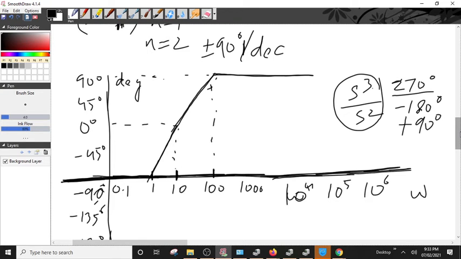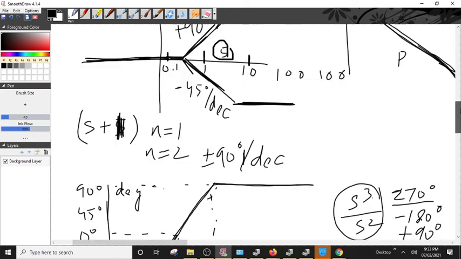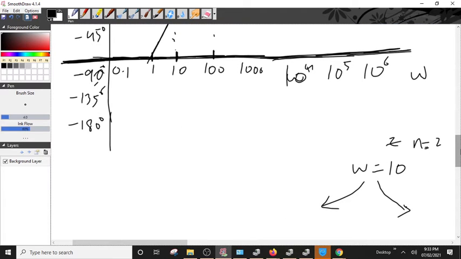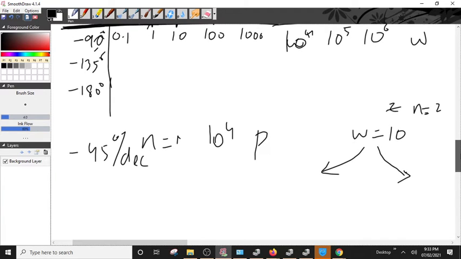Now we have to consider the second break frequency, which is 10 power 4, and we know that it's a pole and its multiplicity is 1, so it will be minus 45 degree per decade. Now its starting point will be the previous decade. 10 power 4 is here, so the previous decade is here, so its start point will be 1000 and its end point will be 10 power 5.